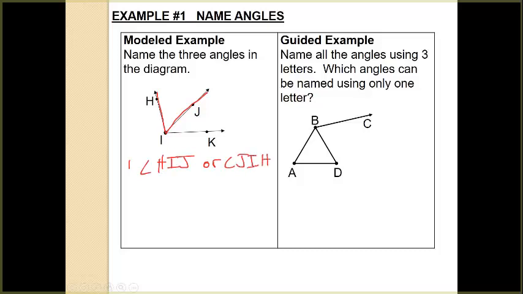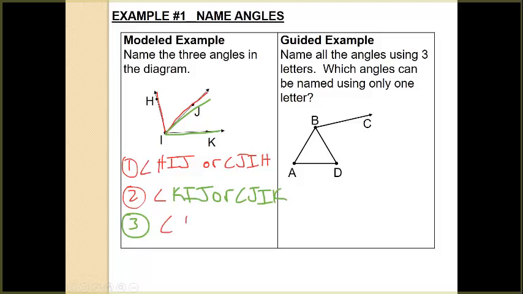That's one angle. The second angle would be angle KIJ, or angle JIK, it does not matter. The third angle is going to be angle HIK, because that's this part right here.